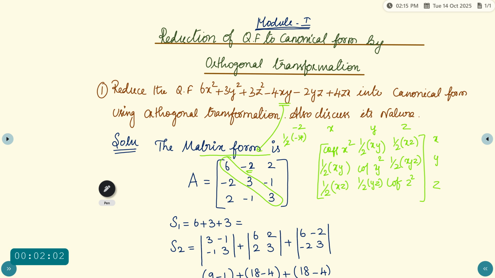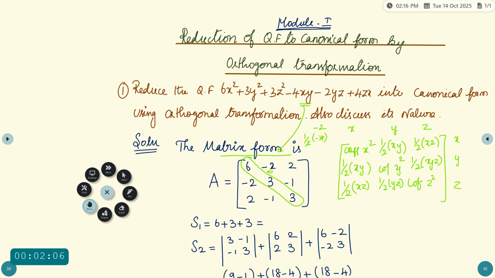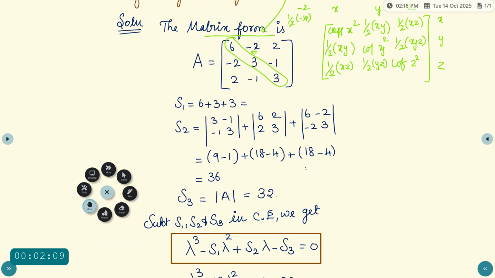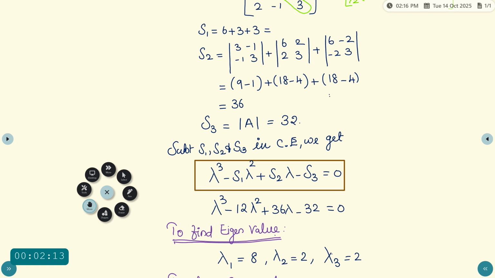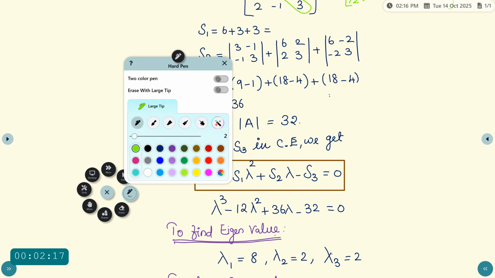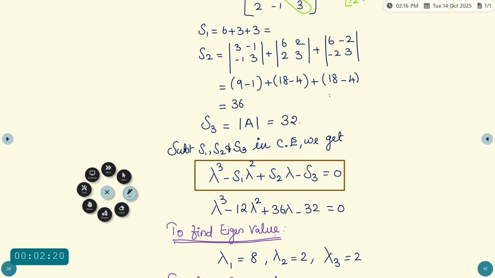Next, as usual procedure, we are going to find the characteristic equation. For this characteristic equation, we need S1, S2 and S3. S1 equals adding the diagonal elements, 6 plus 3 plus 3, we are getting 12.